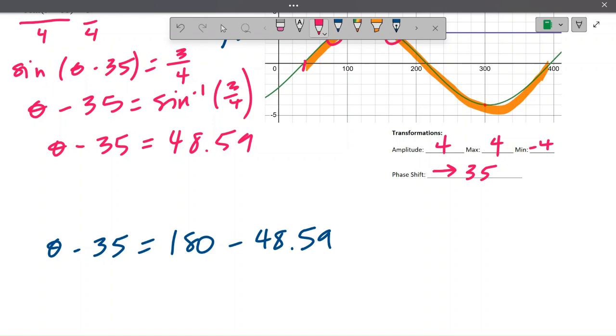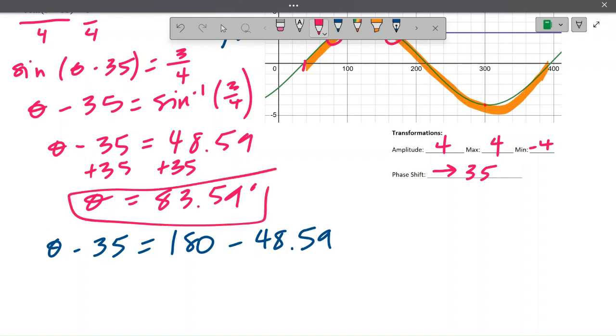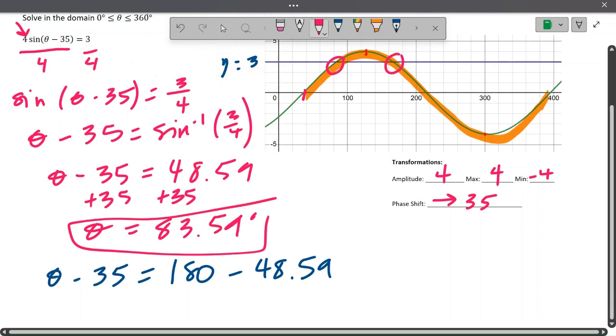We're going to come back to our original solution here, and we are going to continue solving for theta. So I'm going to add 35 degrees. And when I do that, I get a solution of theta equals 83.59 degrees. If we look back at our graph, that's the solution right here.